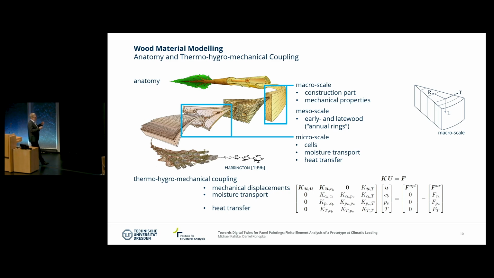So at the end, we implement our descriptions into the finite element context, which is a method to discretize our structures. And that ends up at the end into a system of equations, which you can see over here. We have the degrees of freedom for the mechanical part, the displacements.